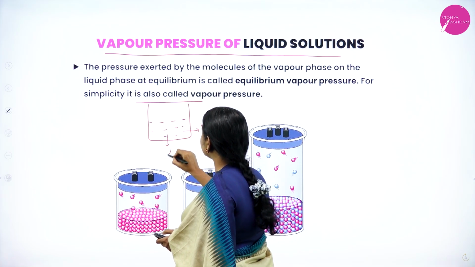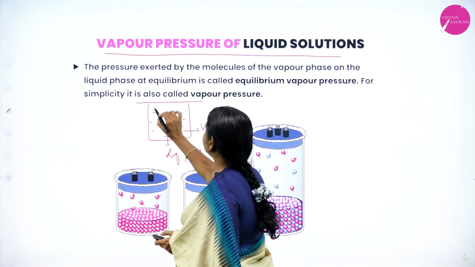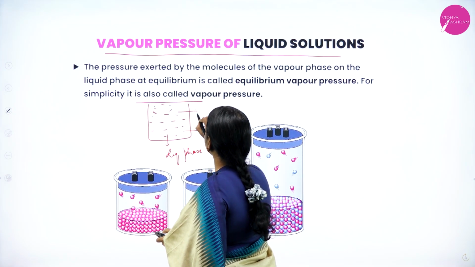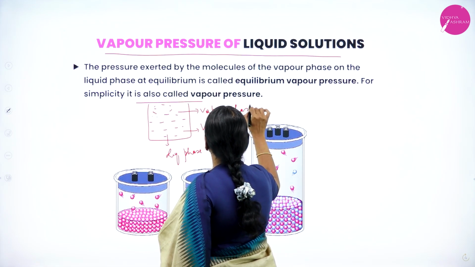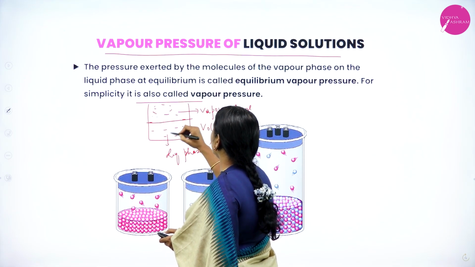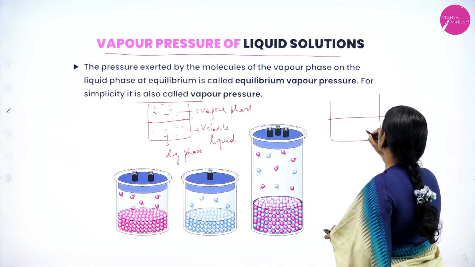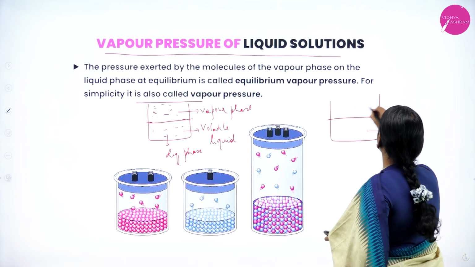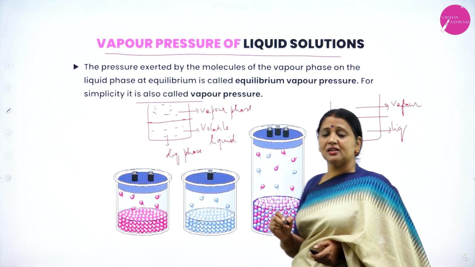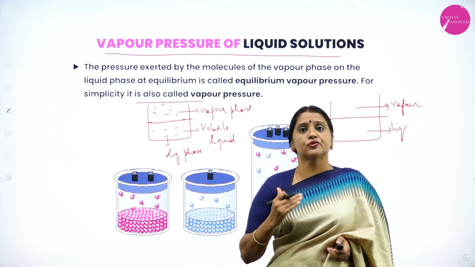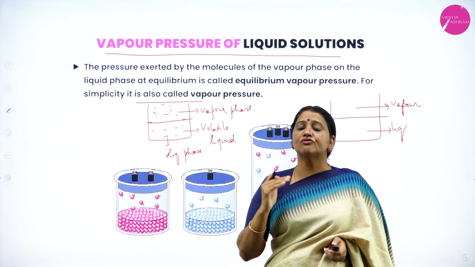When it gets converted into vapors, it is converted into vapor phase. Therefore, inside the beaker, we have two phases. One is the liquid phase, here it is the vapor phase. Inside the beaker, we have two phases. The first phase is liquid phase. Second phase is vapor phase.